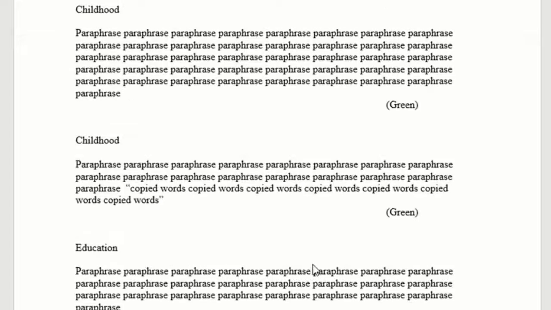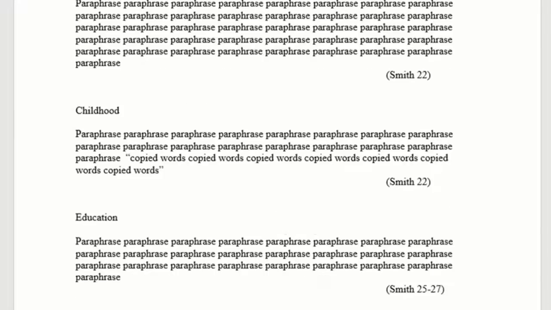Now, when you're typing your notes, you may feel like it's stupid or a waste of time to write Green every single time. But let me show you why that really saves time in the end. Because when you're all done taking your notes, what you're going to do is synthesize, blend together things.